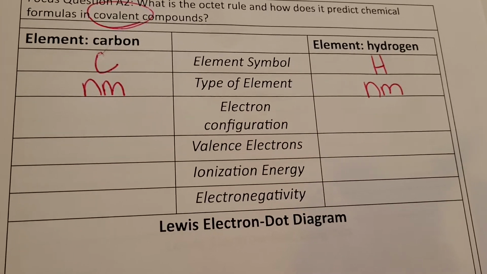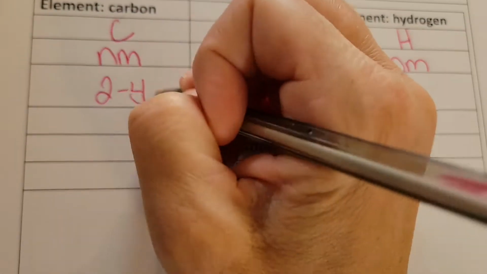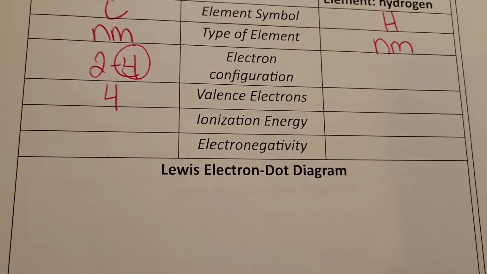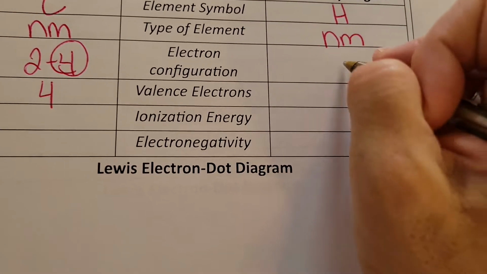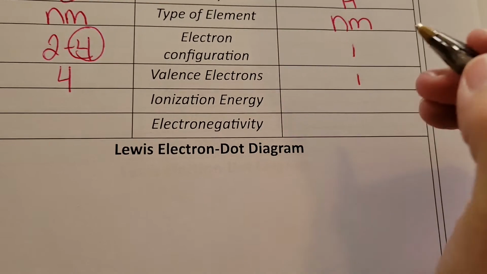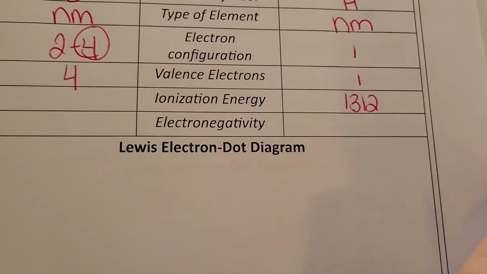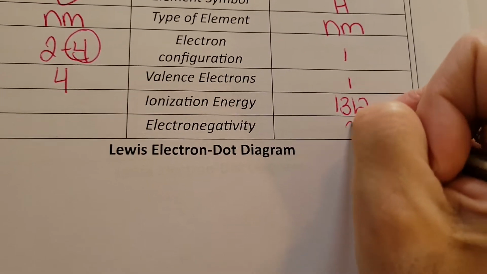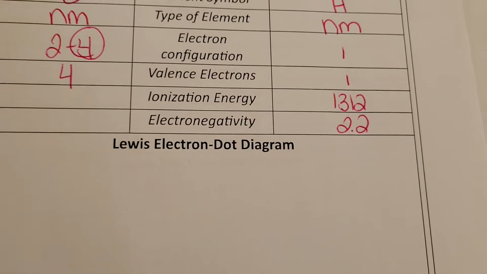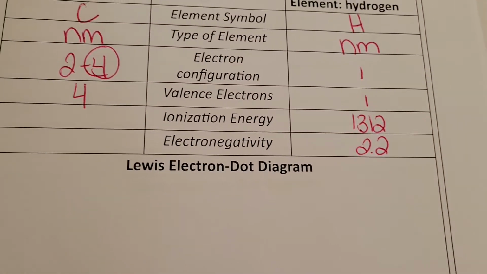All right, so electron configuration, if I look up carbon, it's 2-4. So it has 4 valence electrons. And hydrogen, we know has just 1 valence electron. We already looked up the ionization energy was 1,312 and the electronegativity was 2.2. We already talked about those on the previous one.